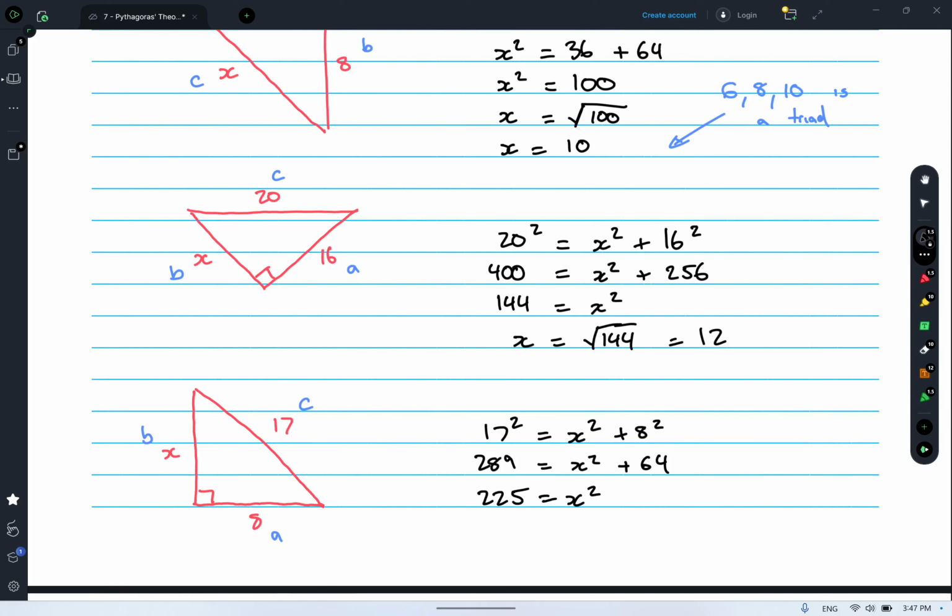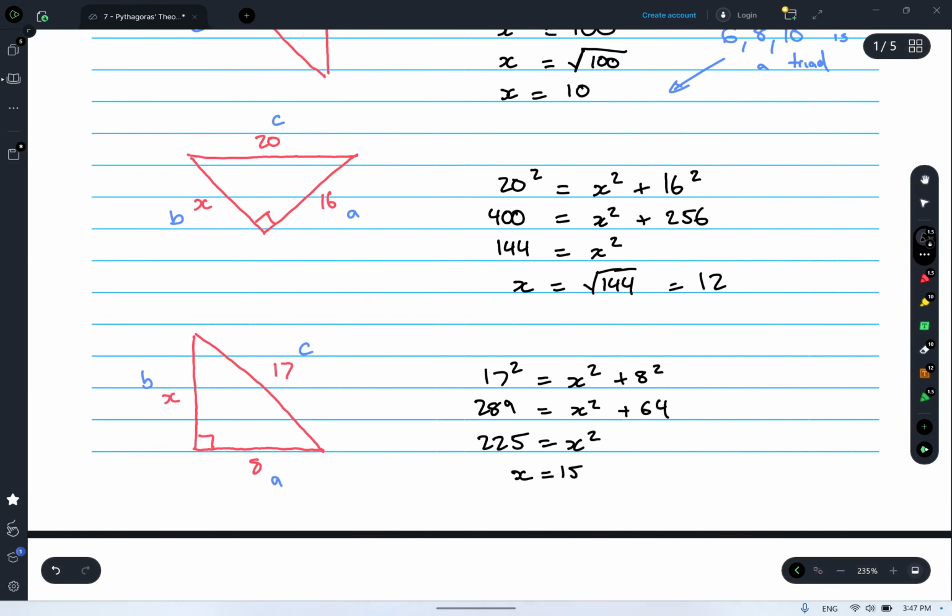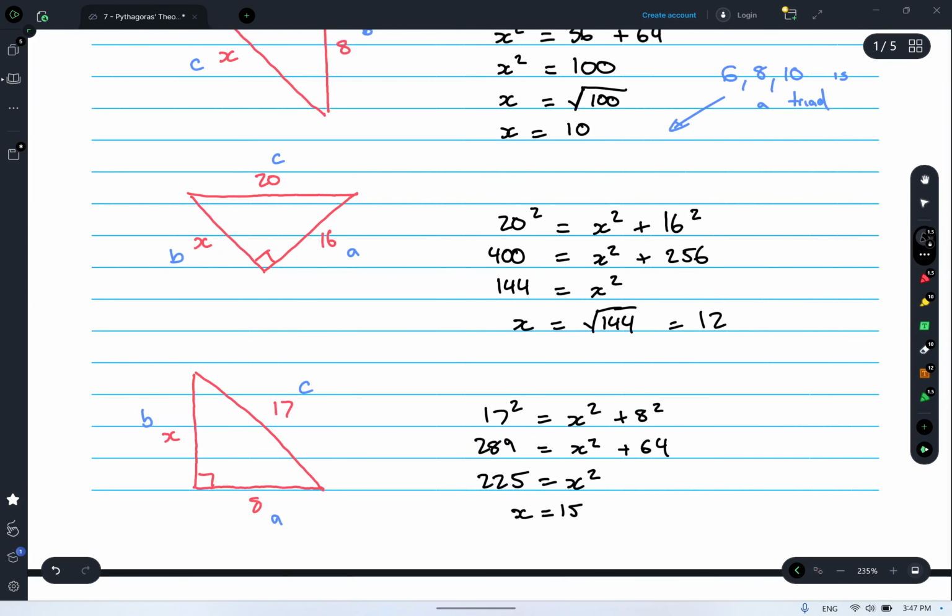And then when we square root this number, that equals 15. I'll be honest, that was a bit of a fluke. I was trying to get a question where it gave me a decimal answer. But you can imagine sometimes the answer that you get will give you some kind of decimal answer in which you will need to round to 2 decimal places or 3 decimal places.